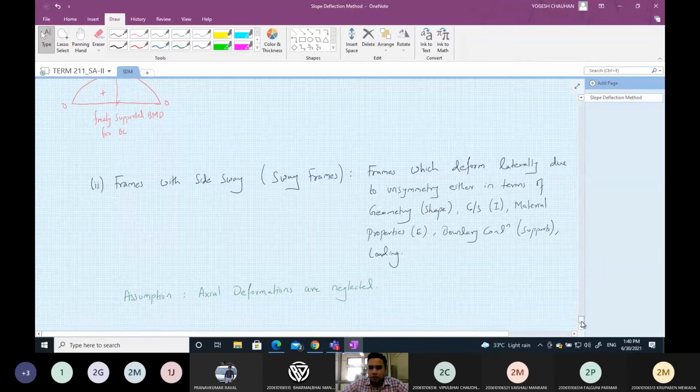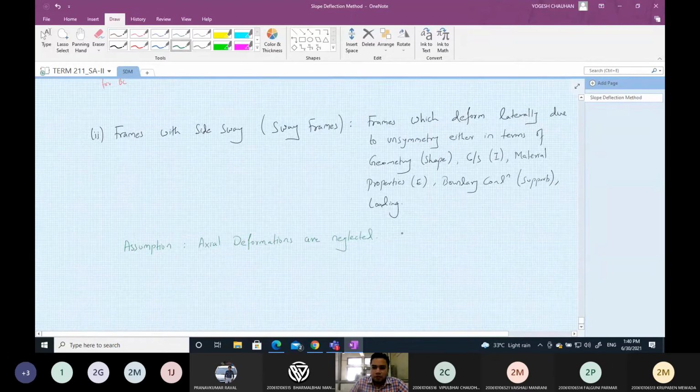By making this assumption, we ensure that sway on the left side equals the sway on the right side, and we call this simply delta, that is this sway.